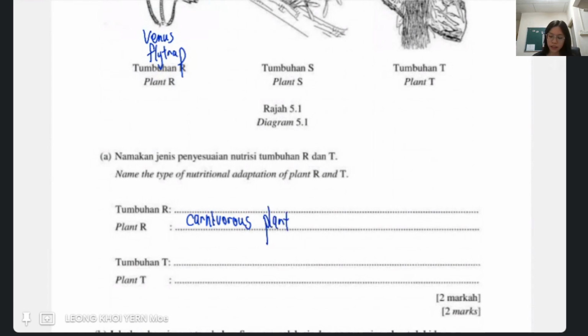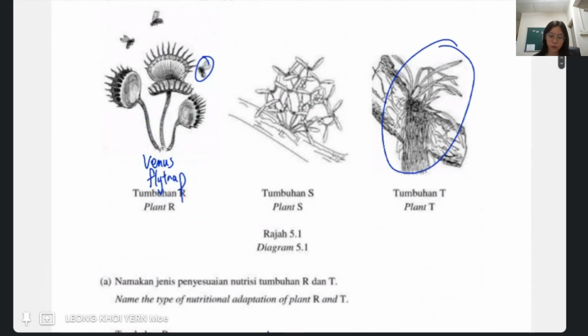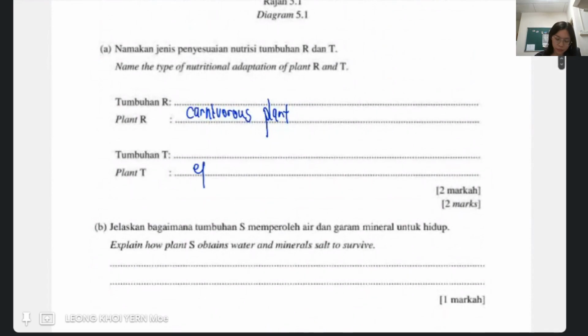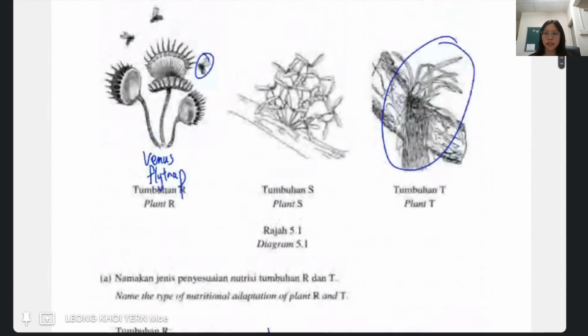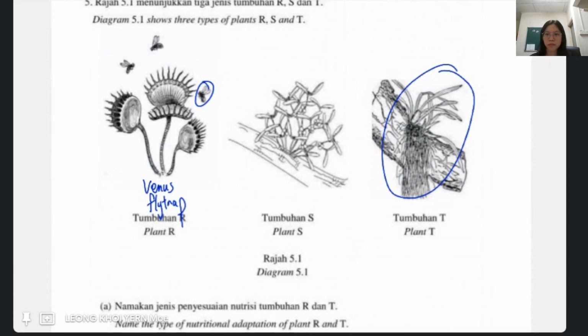And plant T is a bird nest fern. So it is an epiphytic plant. So what about plant S? Since plant R is a carnivorous plant and plant T is an epiphytic plant, it's obviously known that this plant should be a parasitic plant.